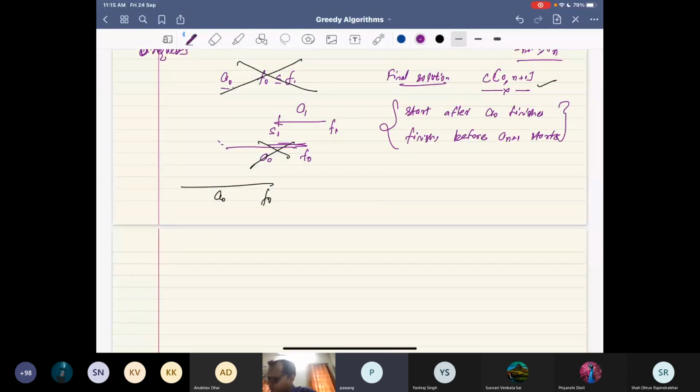Okay. Now, what will be your recursive formulation? What will be your optimal substructure? Suppose you want to write, okay, fine, I defined my final solution C0,n plus 1, but you have to finally say what is the recursive formulation, what is Cij? How will you write Cij using dynamic programming?